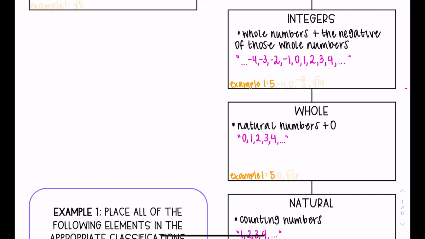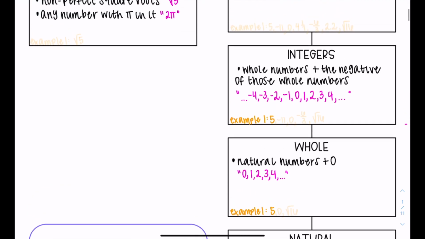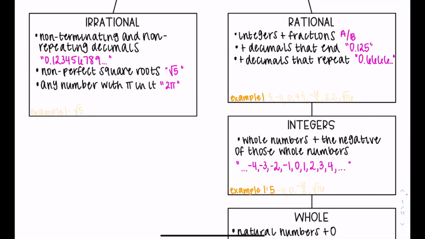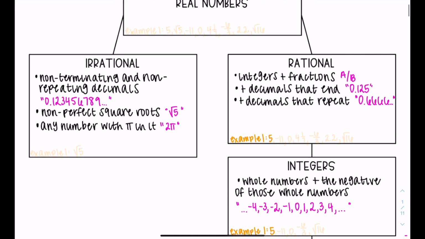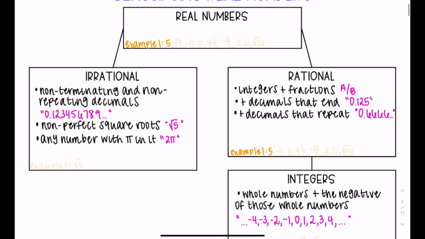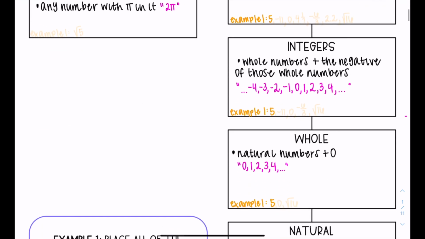It's going to be a rational number. Which also means that it's a real number. So 5 is done. What about the square root of 5?